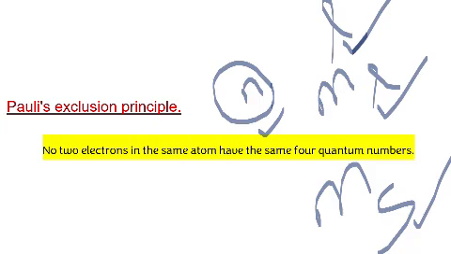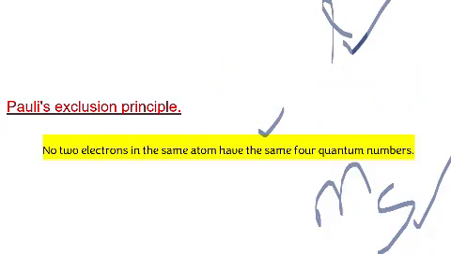They may also have the same spin quantum number, but they may be different in the subsidiary quantum number. They may be similar in three of the quantum numbers, but they should be different in one or more. Generally, to summarize, no two electrons in the same atom can have the same four quantum numbers.